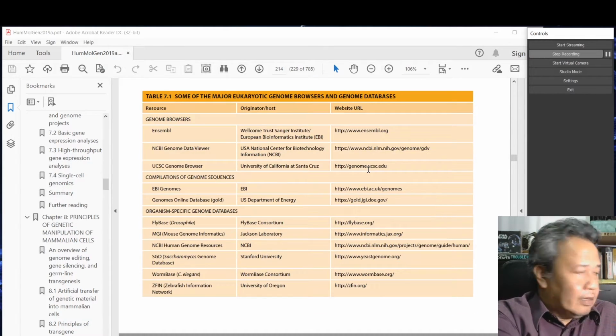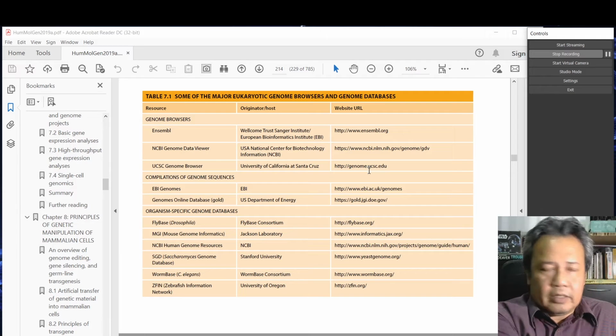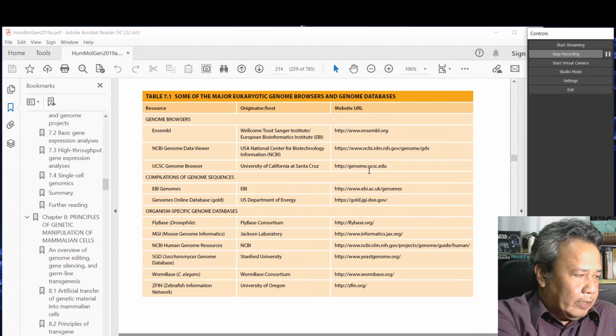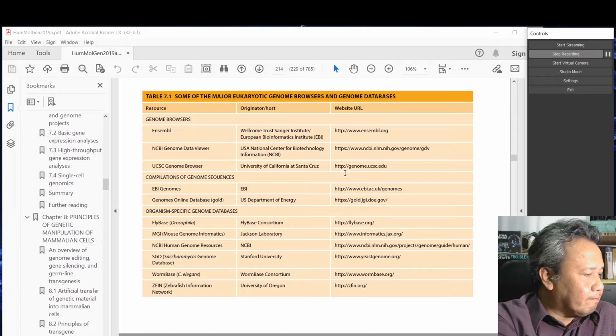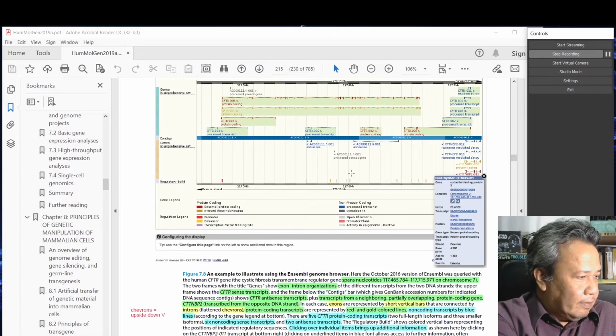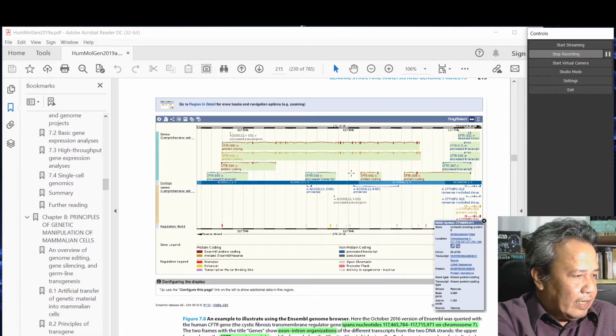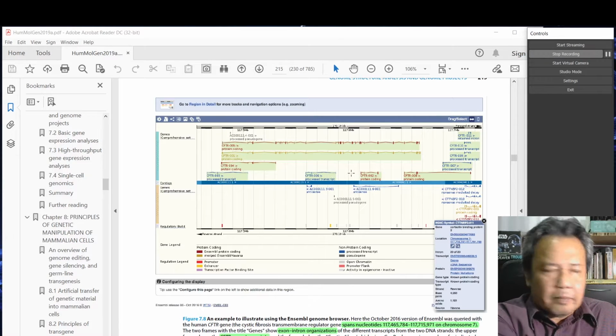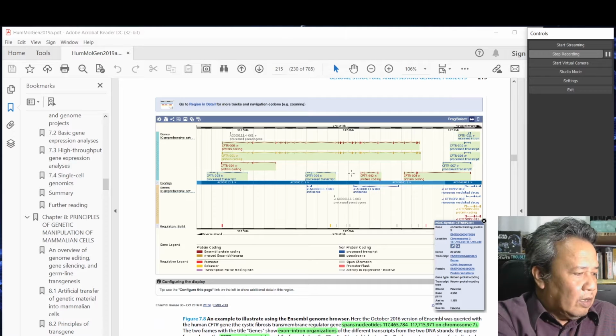This Table 7.1 gives you an example of the different databases, and this is just a glimpse of what information is available.